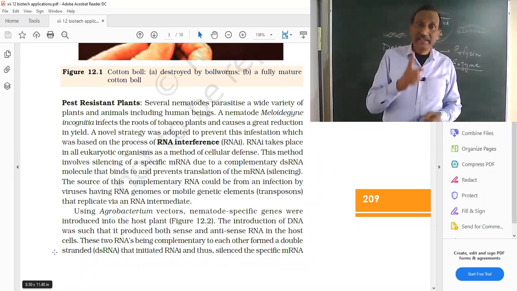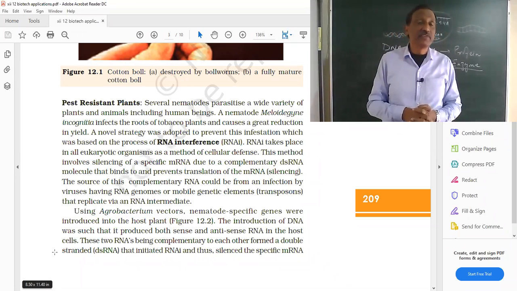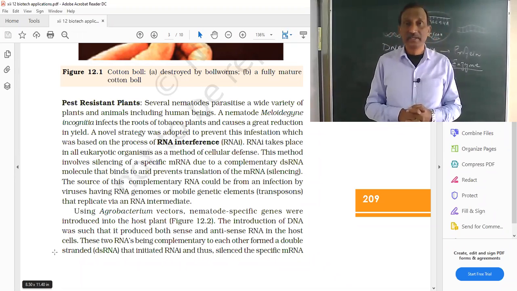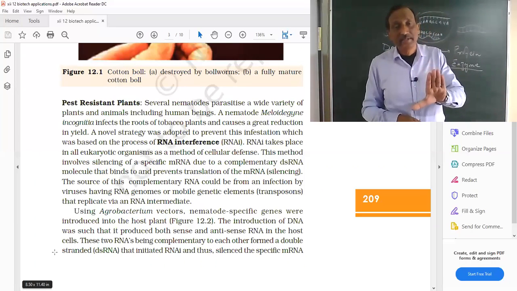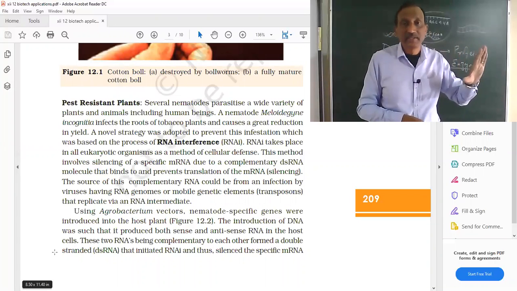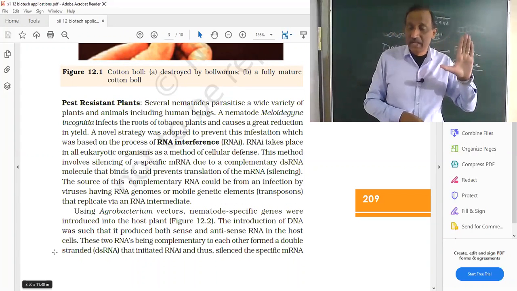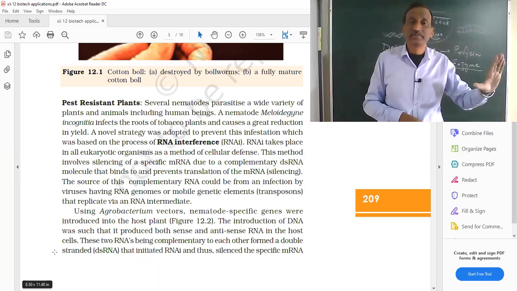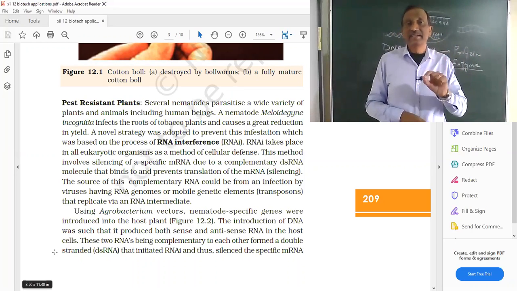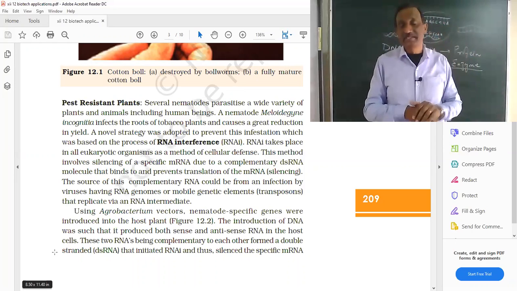That has a tDNA. The tDNA was responsible for causing tumor. So what we had done, the tumor causing, the harm causing part is removed. Okay, and that tDNA still has an ability to enter into the plant cell.